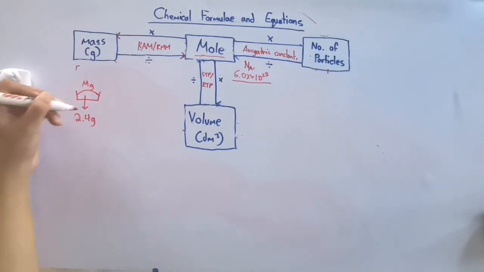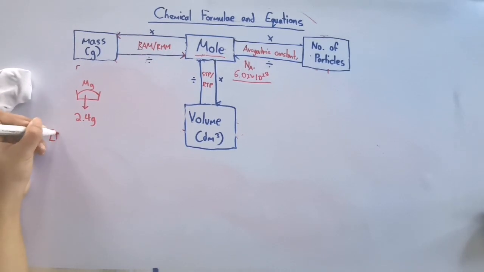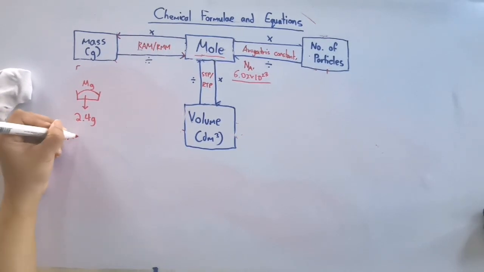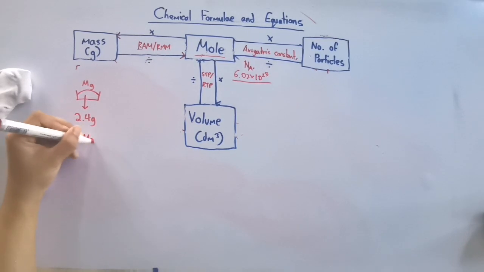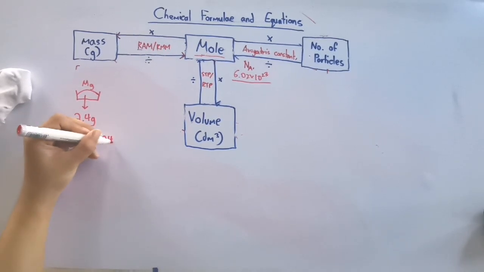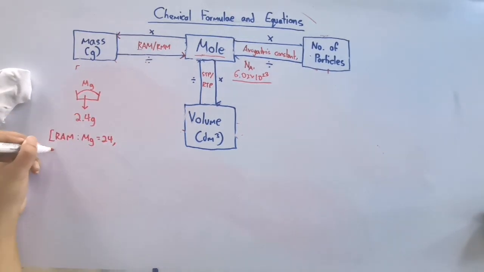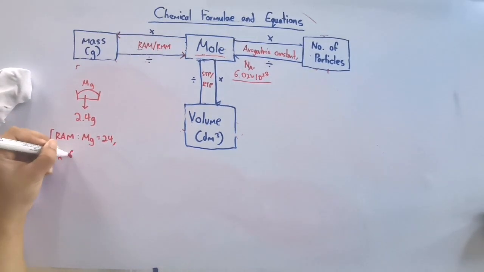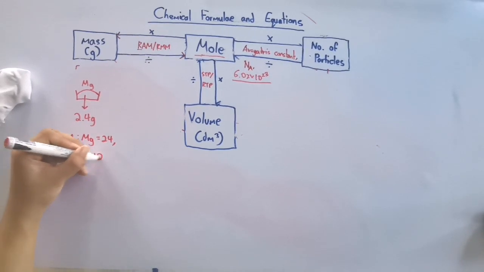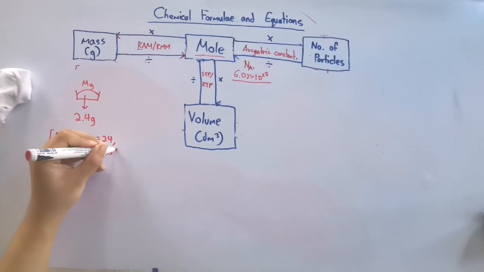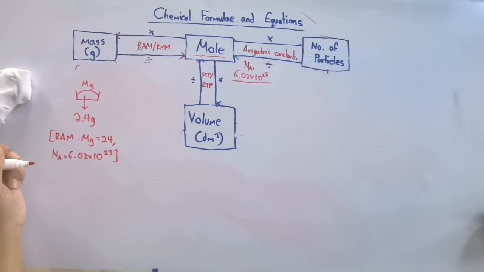So I'm going to give you a few values here. I'm going to give you the RAM of magnesium. Now the RAM of magnesium will be 24. I'm also going to give you the value of Avogadro's constant, which is 6.02 times 10 to the power of 23. Okay, and let's say the question is simple.